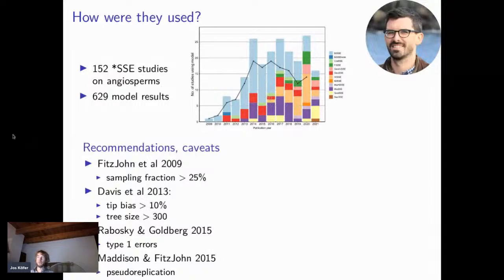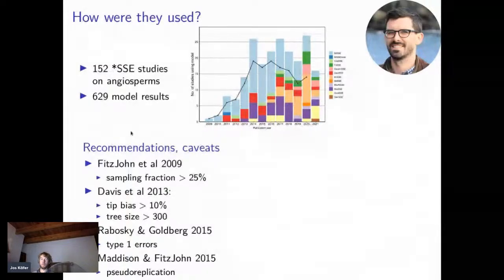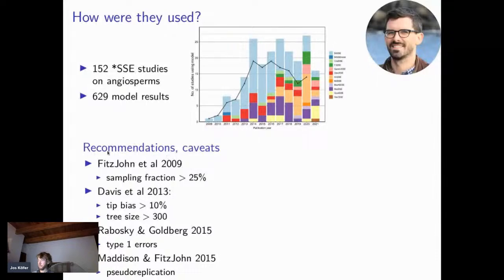One of the first things we looked at was the recommendations and caveats that had been published on SSE models. One of the first recommendations was by Rich FitzJohn in 2009, when they included the possibility to include unresolved phylogenies.